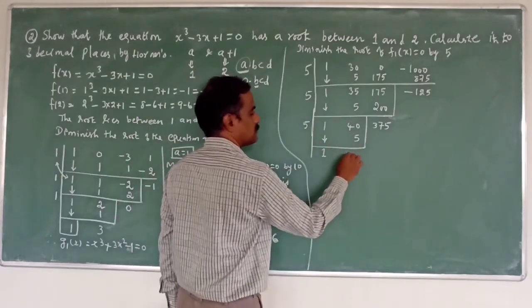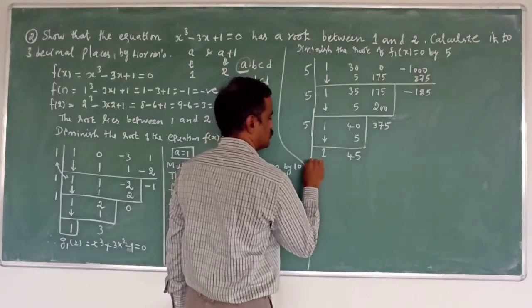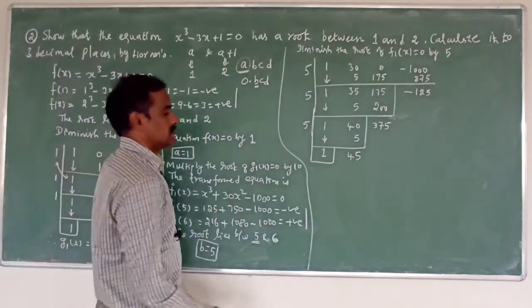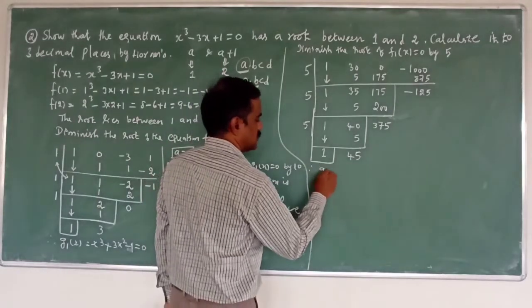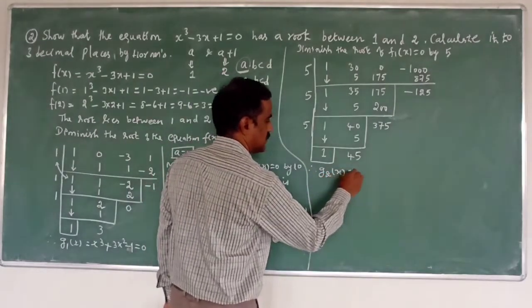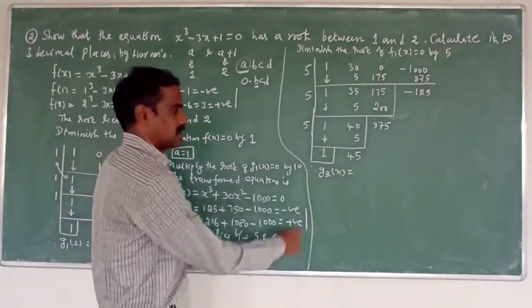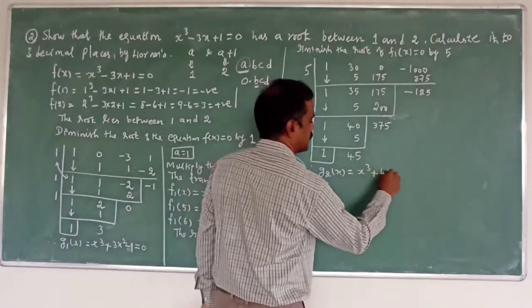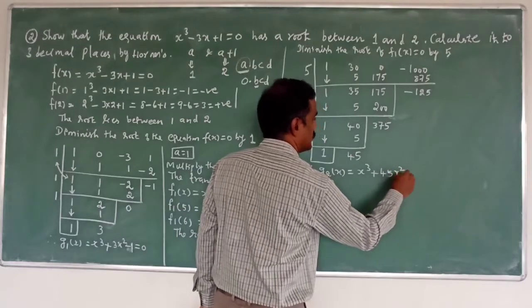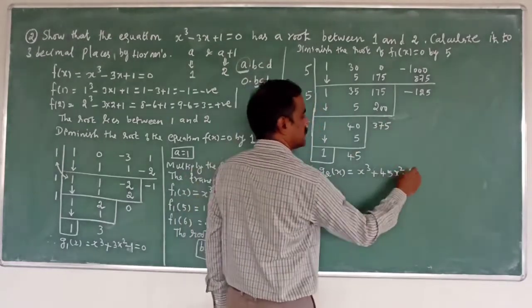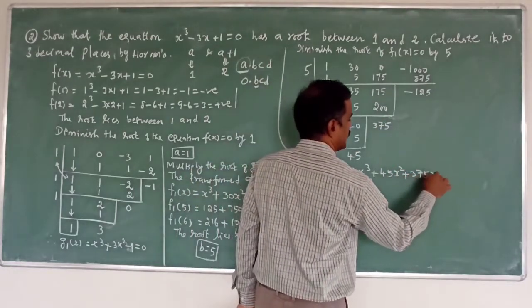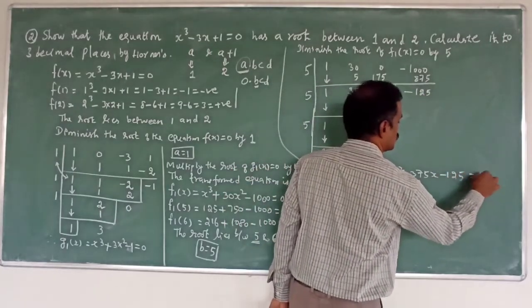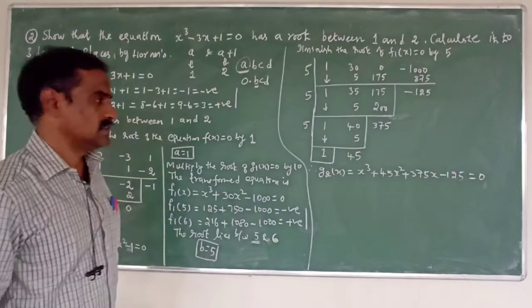Now add these two, 45. So this is the result. Therefore, g2 of x is x cube plus 45 x square plus 375x minus 125 equal to 0.